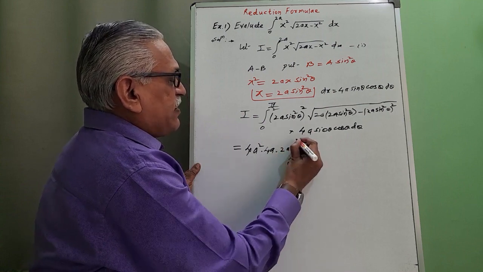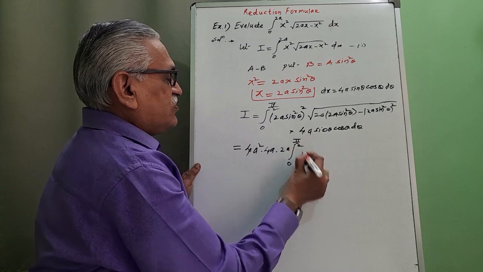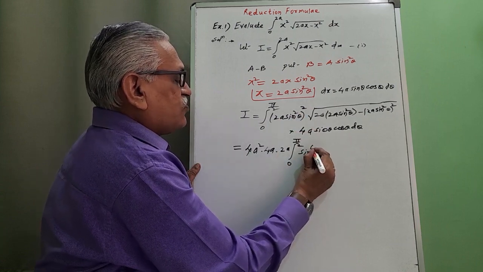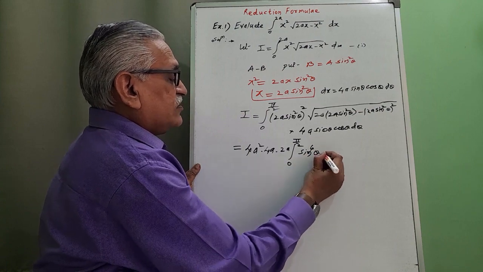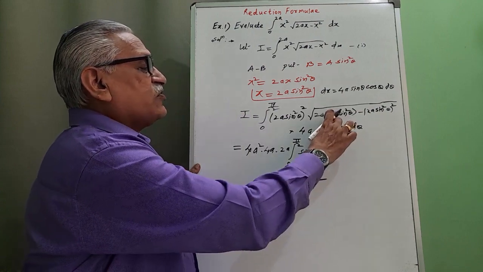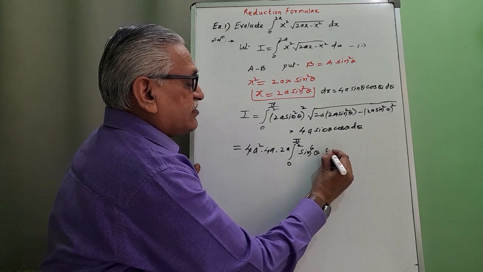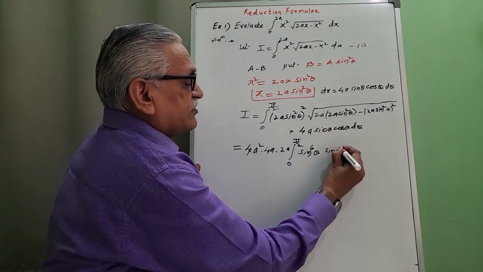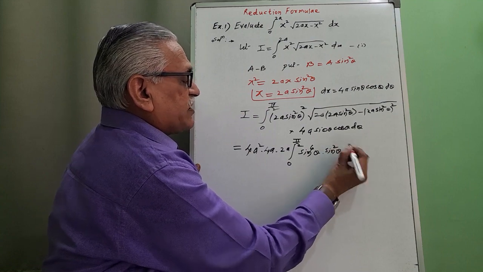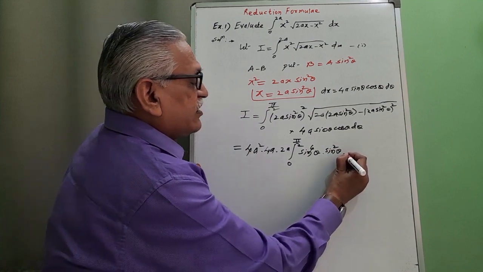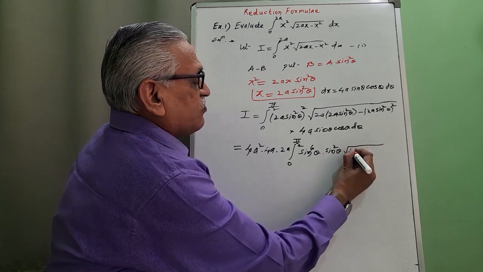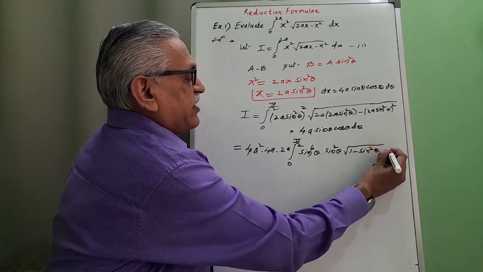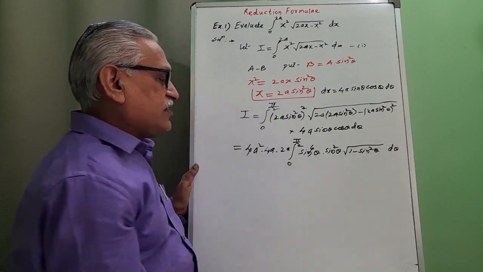Integration from 0 to pi by 2. This becomes sine theta raised to 4. Square root of sine square theta is sine theta, and this one more sine theta, therefore it becomes sine square theta. And the remaining term inside the square root is 1 minus sine square theta, and its integration with respect to theta.